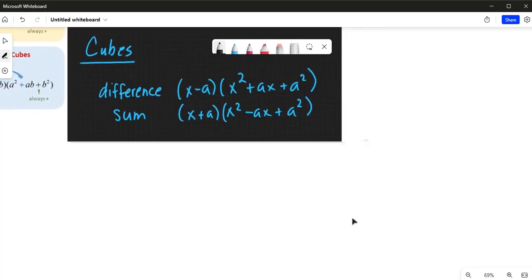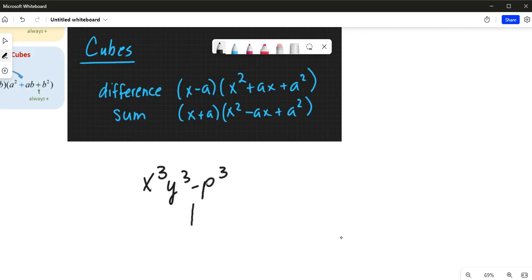So for example, x cubed y cubed minus p cubed, these are all cubes. So we are going to recognize that this is the x term, and this is the a term, and we're just going to write it exactly like that in the form.